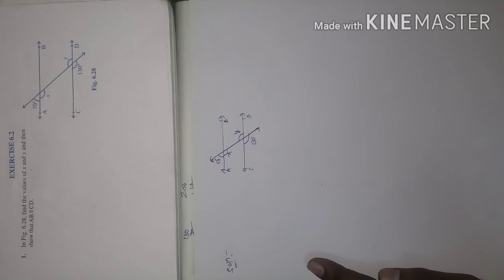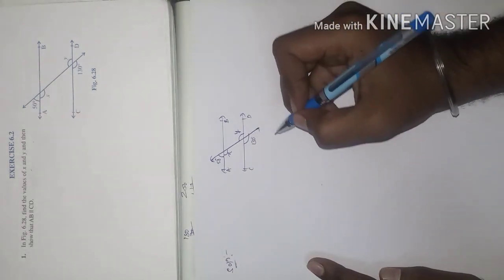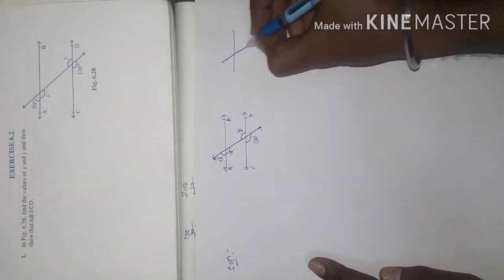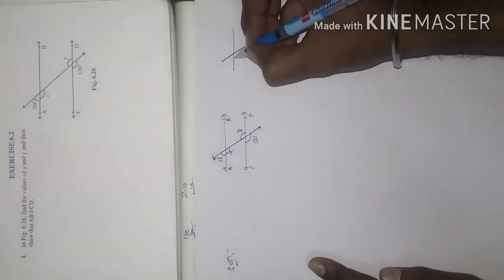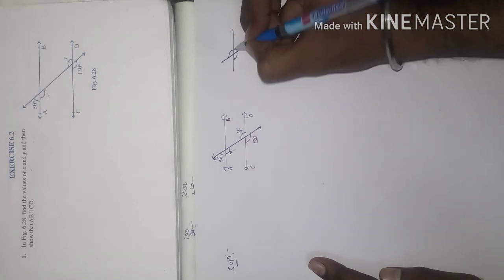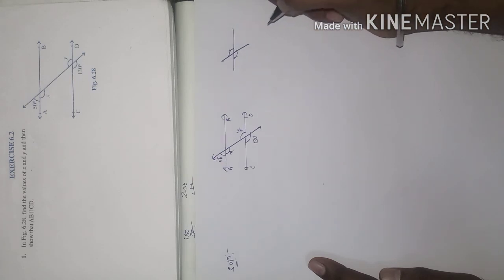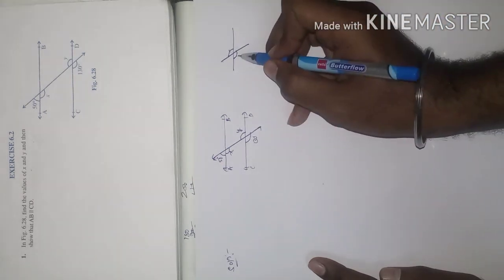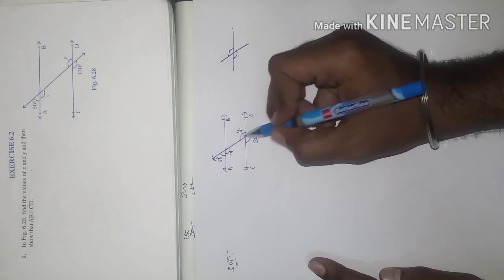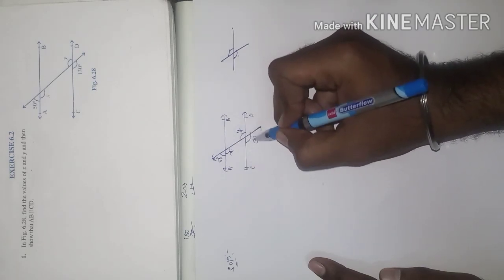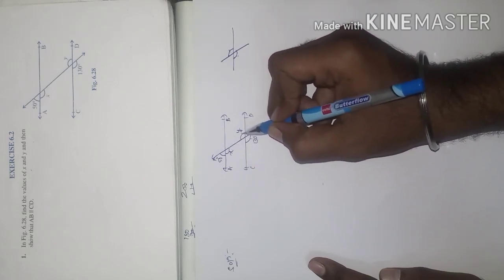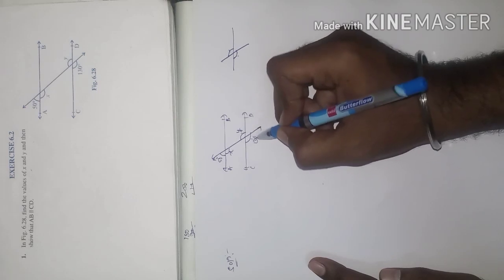As we know, when two lines intersect, vertically opposite angles are formed and they are equal to each other. Can we use this concept over here? You can see this is one line and this is one line. They intersect over here and the vertically opposite angles are equal.